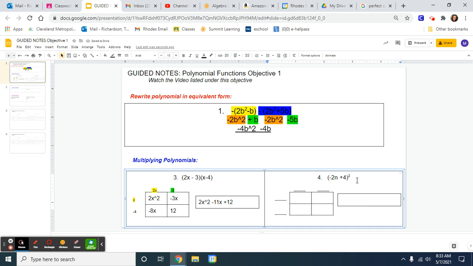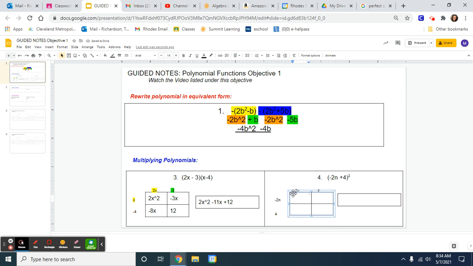That's what it means when it says it's squared. So let's do the same thing. Let's write our terms. So the first one is negative 2n. The second one is a positive 4. And then we would just write the exact same thing over here on this side. So negative 2n, positive 4. All right? And let's do our multiplication.